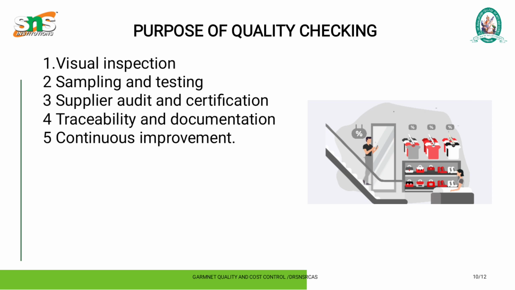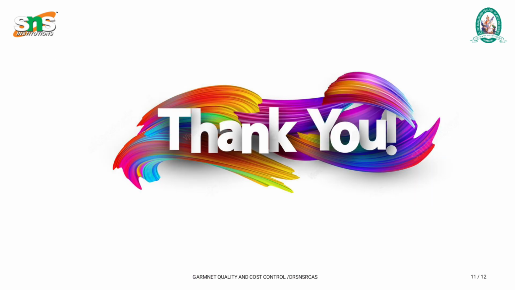Supplier audit and certification is a must for identifying the standard. Traceability and documentation is very important, and the documentation helps us to receive the data requirements. Then for continuous improvement, we are checking all these qualities. Okay, thank you.